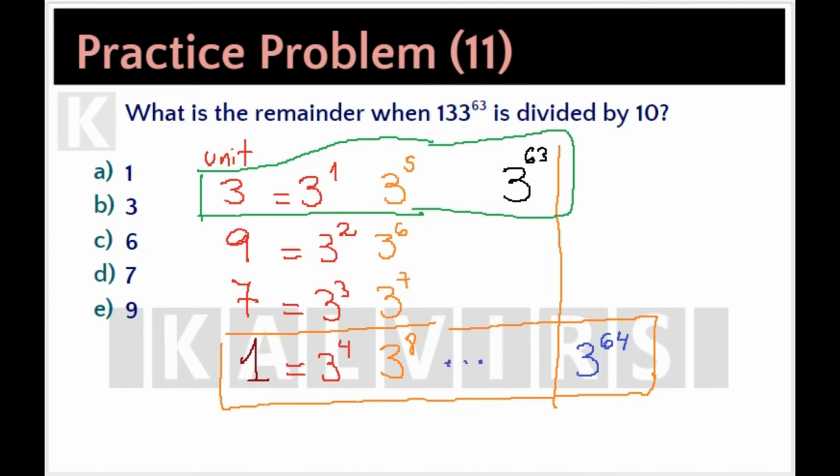So now we know that the unit digit of 133 to the 63rd power is 3. Therefore, the remainder when this number is divided by 10 must be the unit digit 3. Choice B is correct.